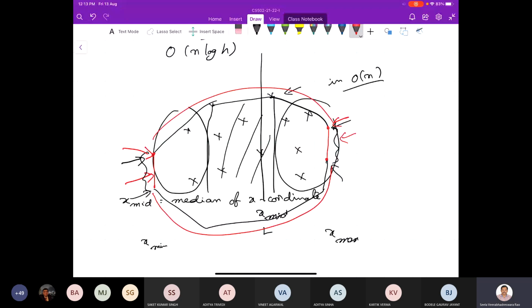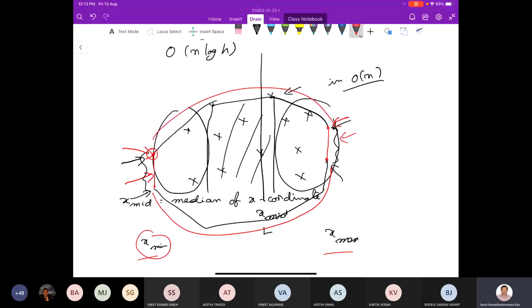Now find the x min and x max in the given point set. If there is more than one point having the same x min, then take the topmost point out of all of them, meaning the highest y coordinate. Similarly, if more than one point has the same x max, you take the topmost one among them.